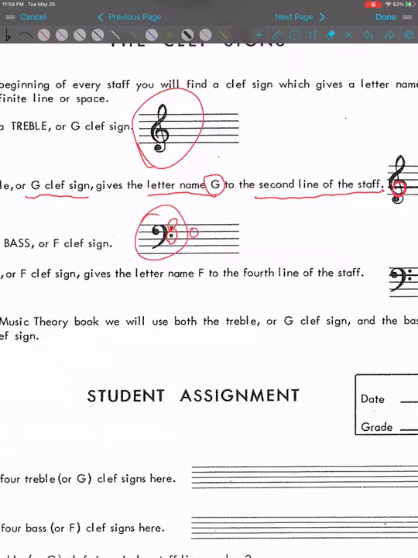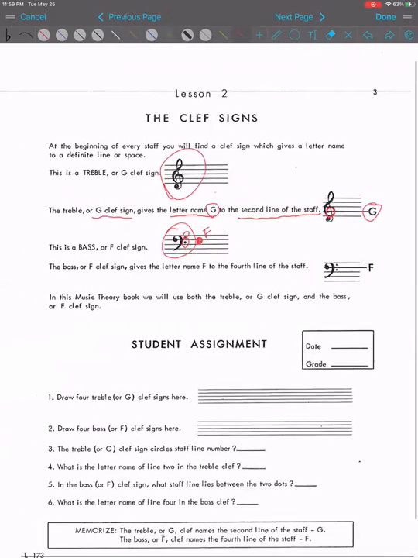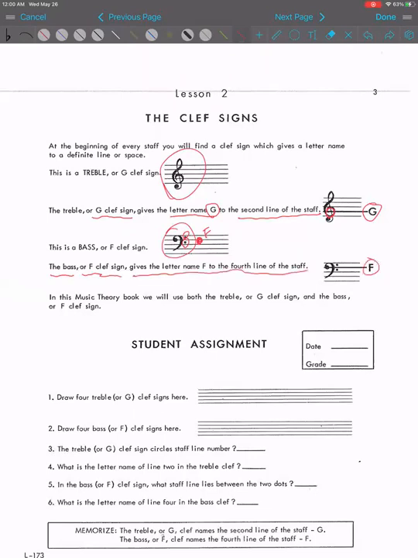So the 4th line is called F. So the bass, or F clef sign, gives the letter name F to the 4th line of the staff right here. In the music theory book, we'll use both the treble or G clef sign and the bass or F clef sign. And we'll talk about tenor and alto clefs later.